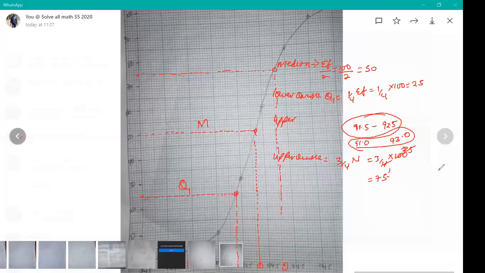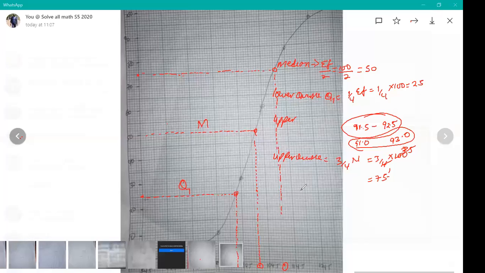110.5. 104, 5, 7, 8, 9, 10. Between 109.5 and 110.5. Yours is 110.5.